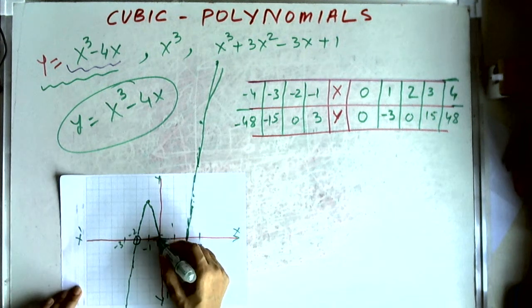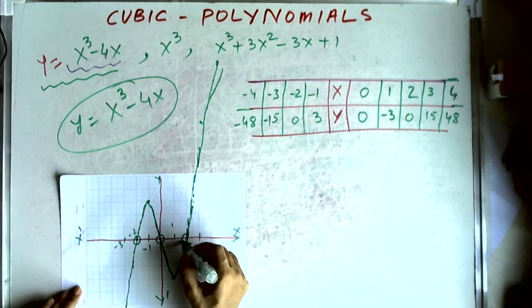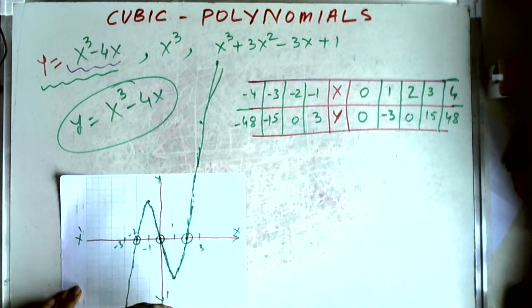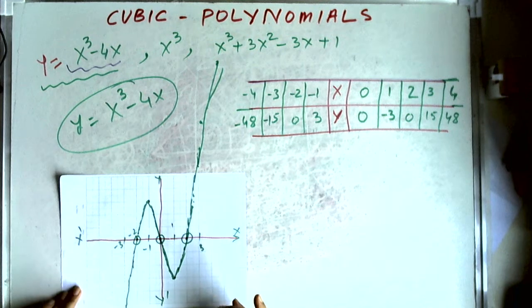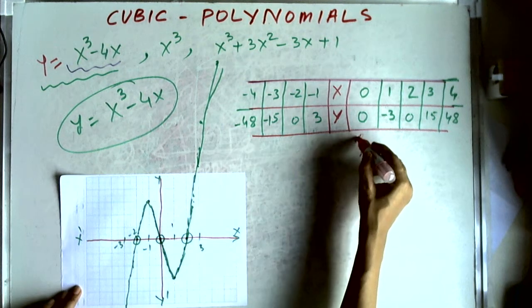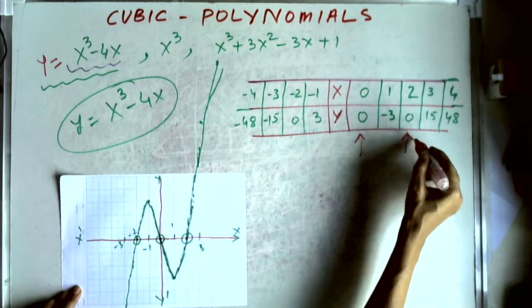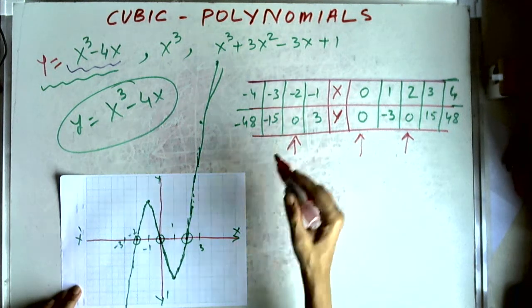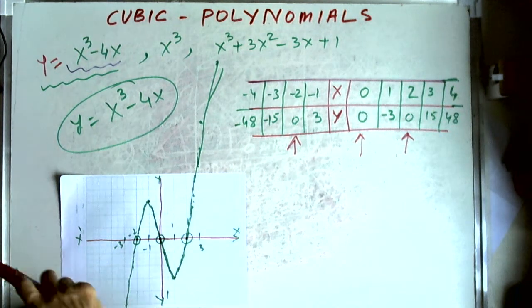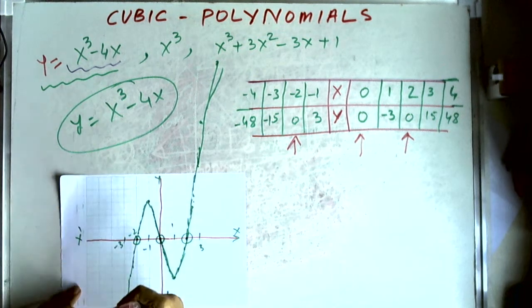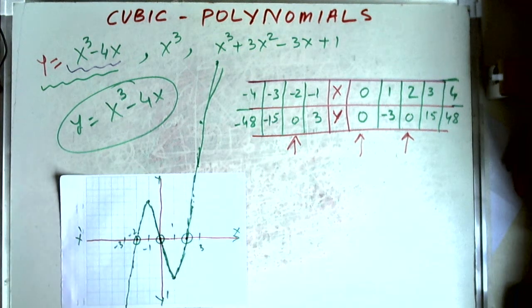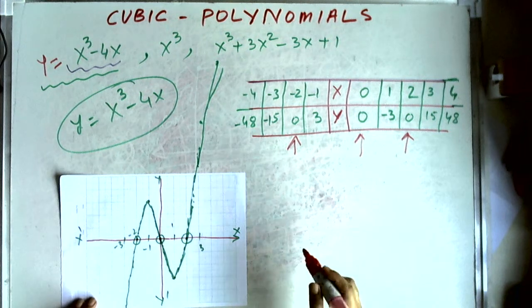At these 3 points, we can see it also from the table. Wherever the value of y is 0, those are the points at which the graph is cutting the x-axis.